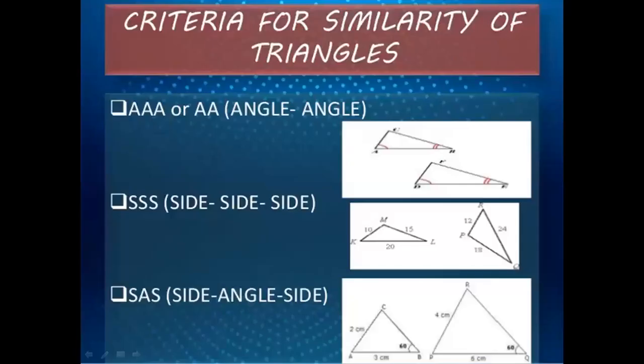Next, criteria for similarity of triangles. How do we compare so that we can say that the two triangles are similar? There are three tests in which we are going to identify that the two triangles are similar. You can see that in your screen.